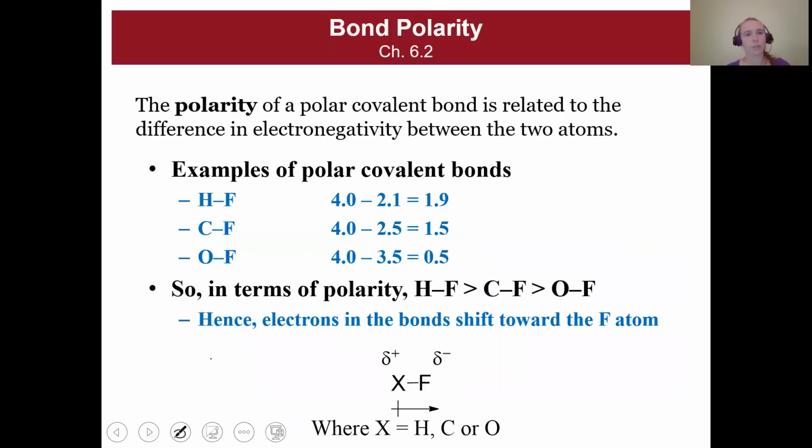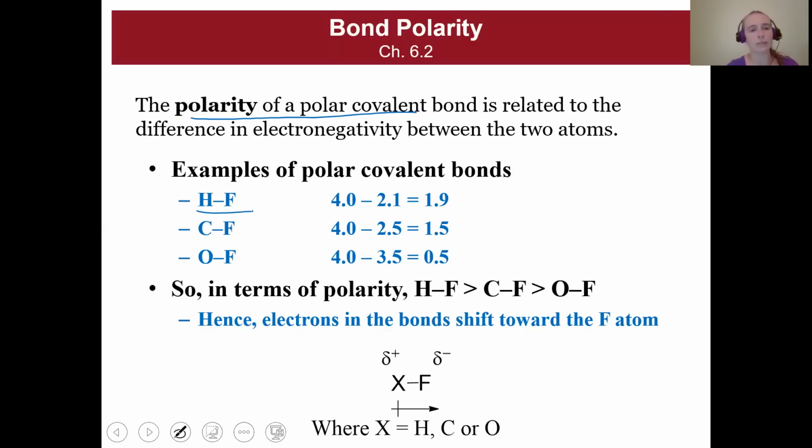Alrighty. So here are some examples. The polarity of a polar covalent bond is kind of a range. It's a relative term, related to the difference in electronegativity. So it's the polar character of the bond. Let's look at some examples of polar covalent bonds.